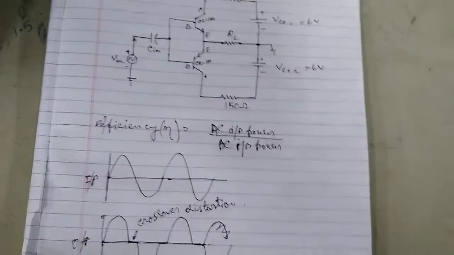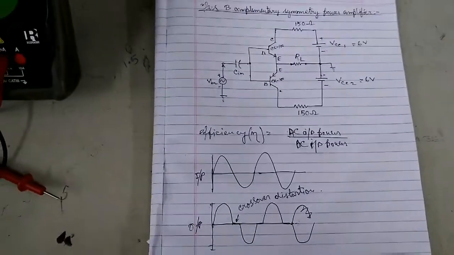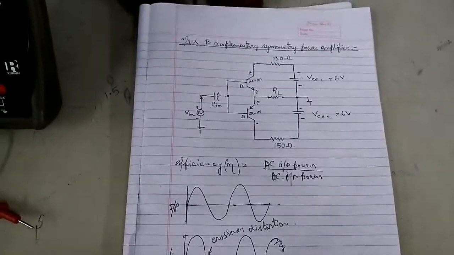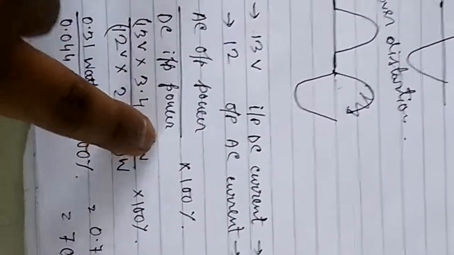So the DC voltage was 13 volt and the output voltage was almost 12 volt. This is the calculation: AC output power divided by DC input power, and power is measured in watts.